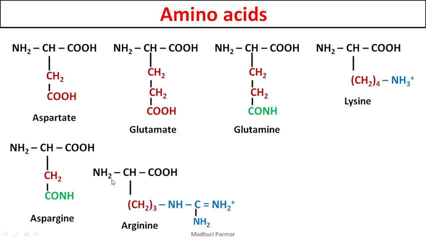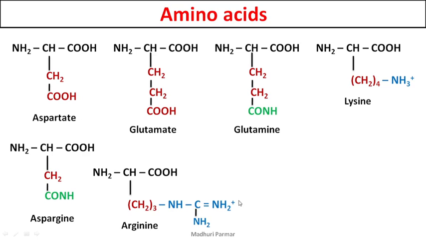Then we have arginine. Arginine is again the same way, CH2 thrice, so you have CH2, CH2, CH2, after which there is this special kind of functional group. Can you see? You have NH, so normal nitrogen with one hydrogen, 3 valencies, NH, then one carbon.